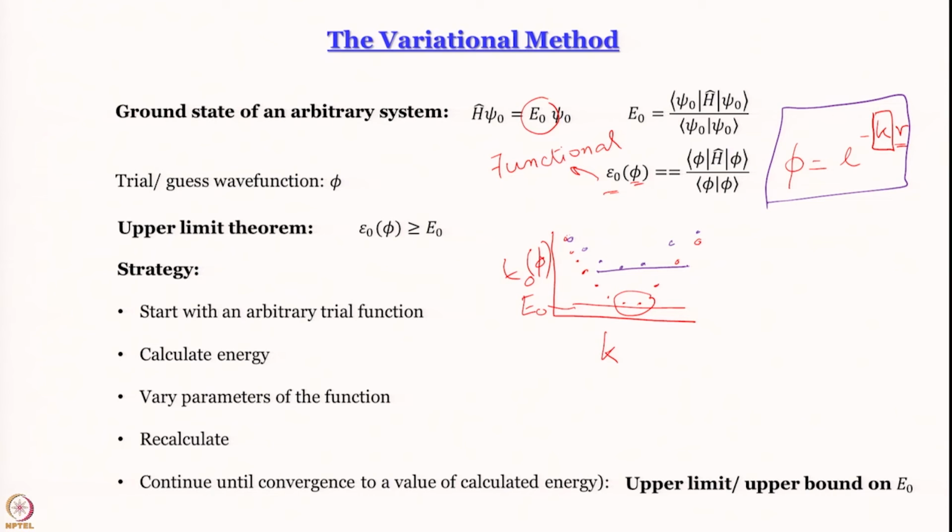Then what I do is I introduce another parameter. So, I say that phi is equal to e to the power minus k, let us say r to the power q, or I can add another exponential decay, whatever I want to do depending on what I think is correct.